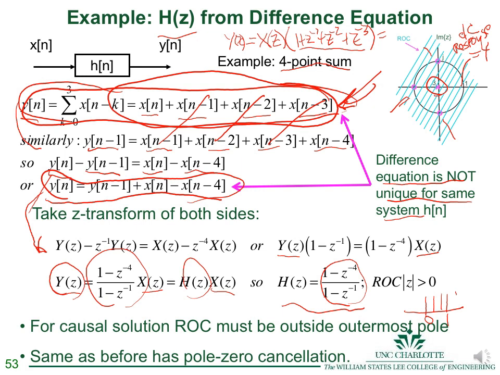So if I replace all these x's by deltas, h of n equals delta of n plus delta of n minus 1 plus delta of n minus 2 plus delta of n minus 3.